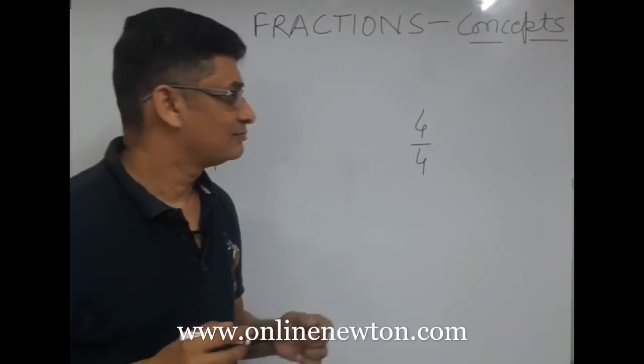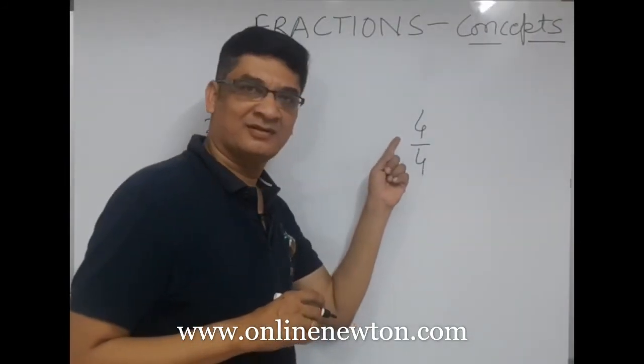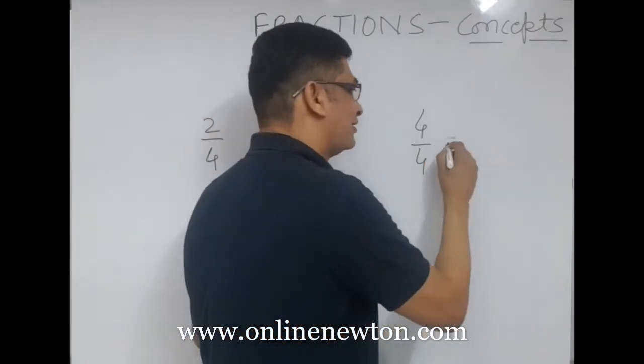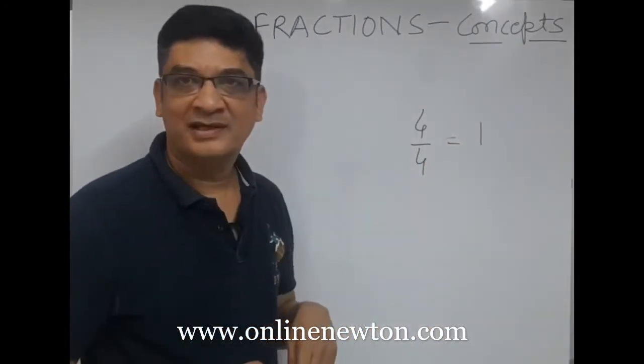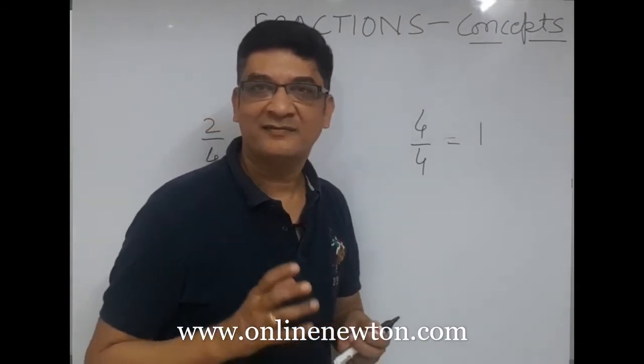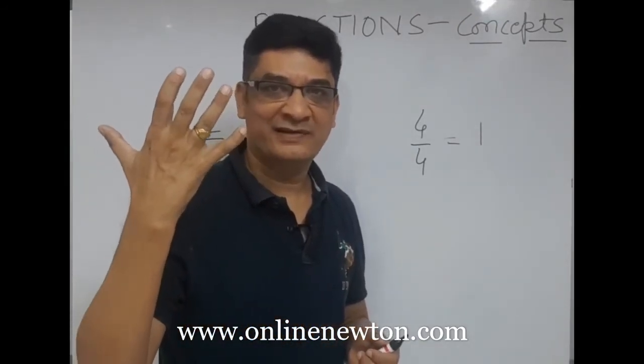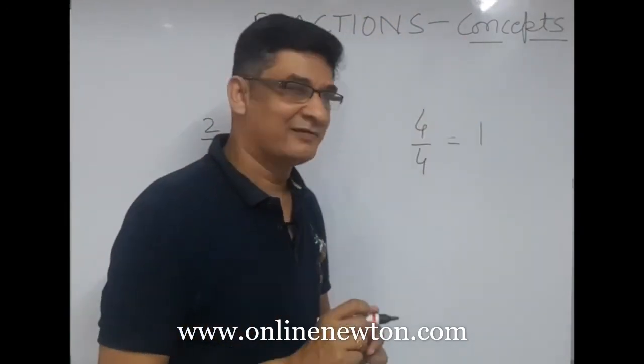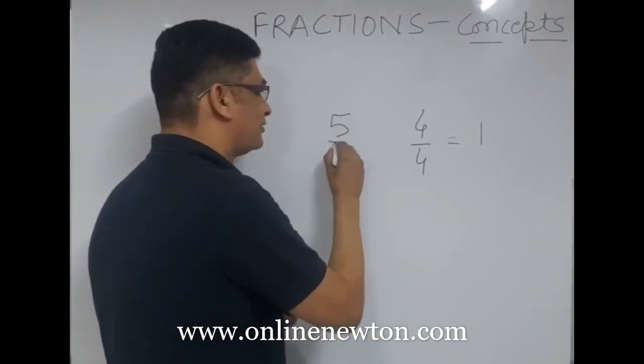And so when we gave the full 4 parts out of the 4 parts, this was equal to 1. If the apple was cut into 5 equal parts, and if we gave all the 5 parts to her, it would be called 5 by 5.